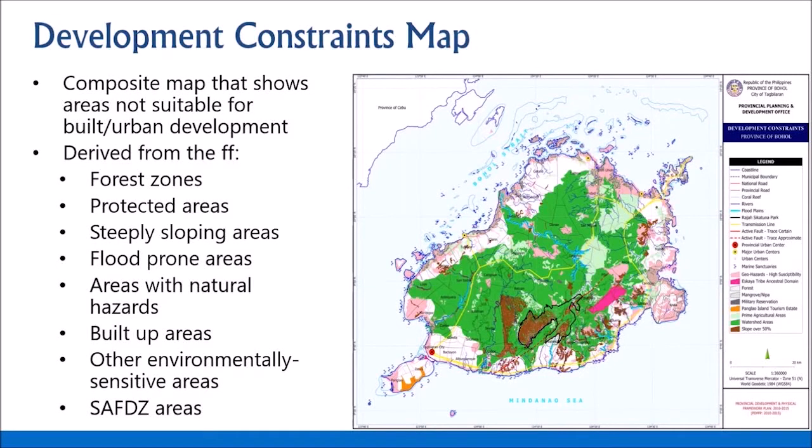And the development constraints map is derived from the overlaying of the forest zones, protected areas, steeply sloping areas, flood-prone areas, areas with natural hazards, built-up areas, other sensitive areas, and SAFDZ areas, or areas of prime agricultural lands.